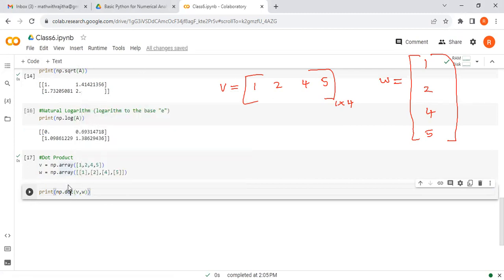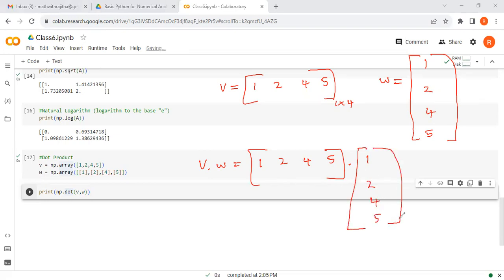Now what will we get? Do you remember the dot product? We are multiplying the 1, 2, 4, 5 vector by 1, 2, 4, 5.